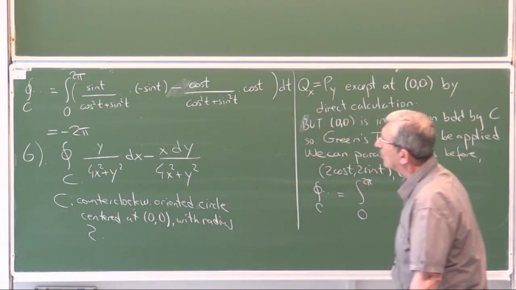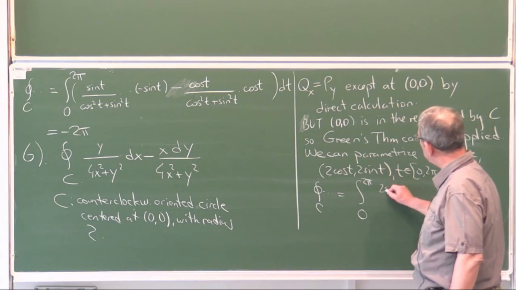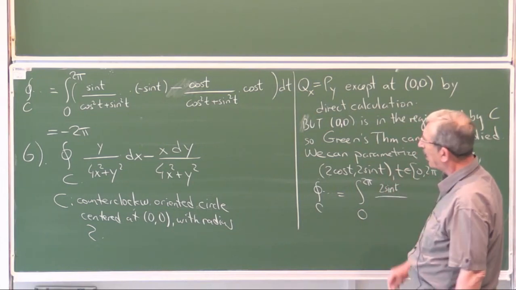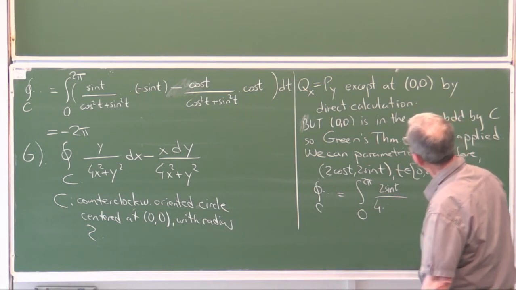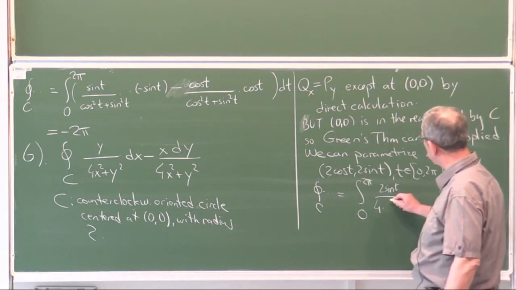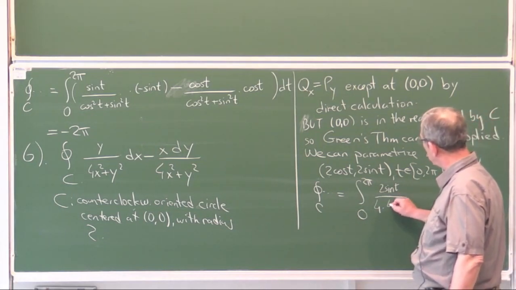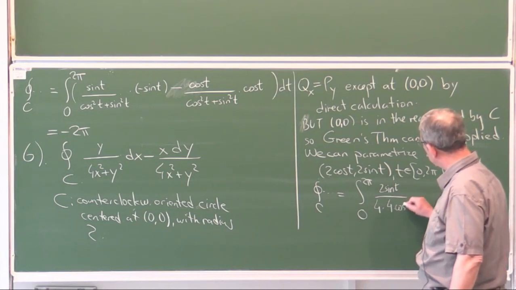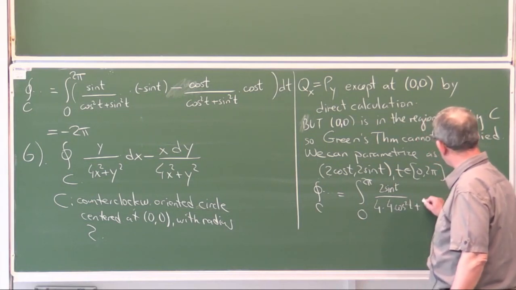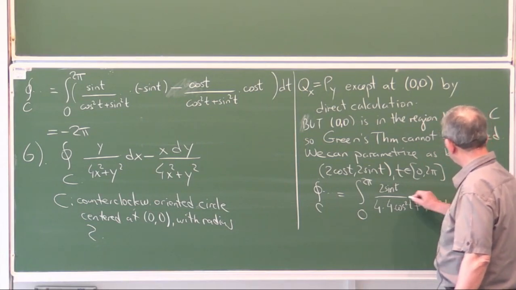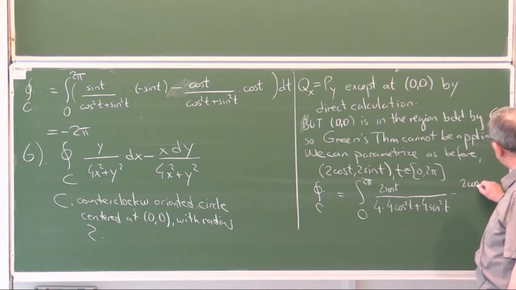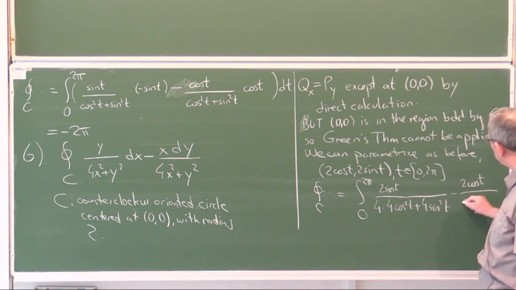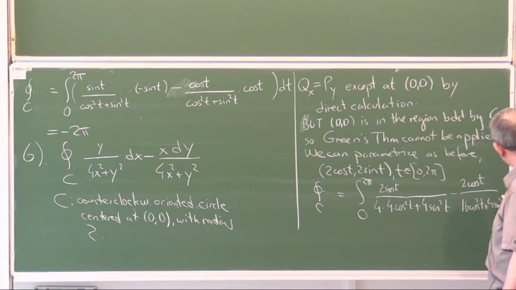Well, we had y, so 2 sine t, divided by 4 times x, which is 2 cosine t, so this would be 4 cosine square t plus 4 sine square t, minus x would be 2 cosine t divided by the same thing, namely 16 cosine square t plus 4 sine square t.